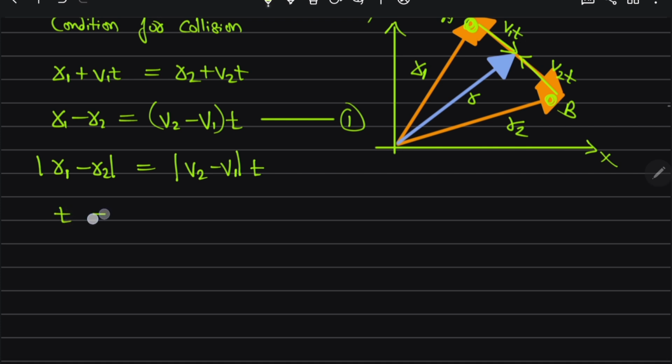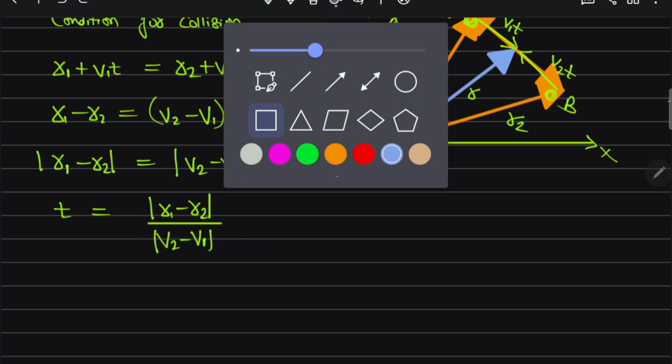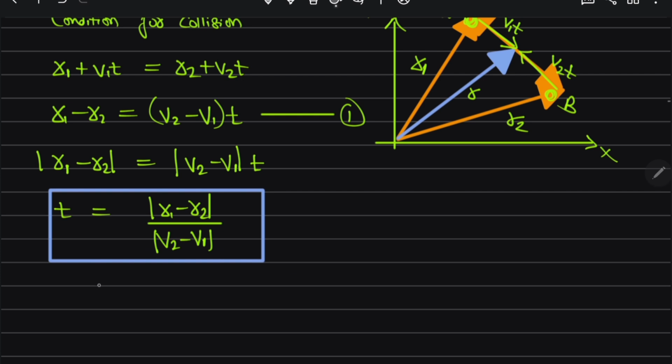So t comes out to be the magnitude of r1 minus r2 divided by the magnitude of v2 minus v1. This t value I am putting in equation first.